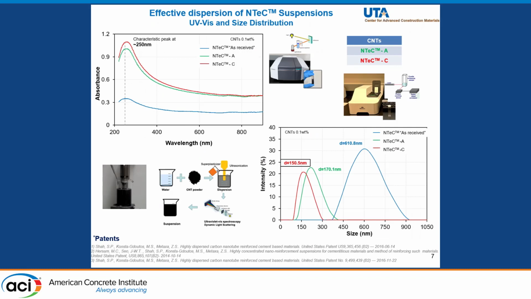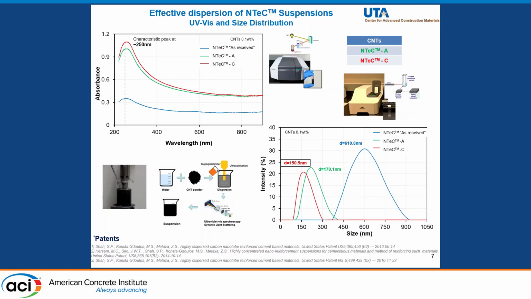In this research, we used two different types of NTEC carbon nanotubes provided by our partner, and here you see them designated as NTEC A and NTEC C. As we know, the dispersion of carbon nanotubes is really important in improving the mechanical properties of the cementitious matrix.